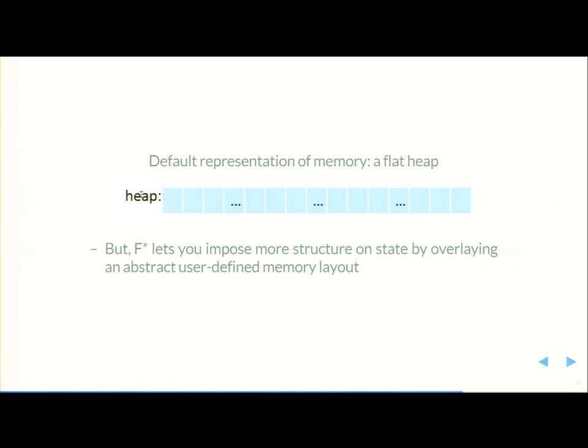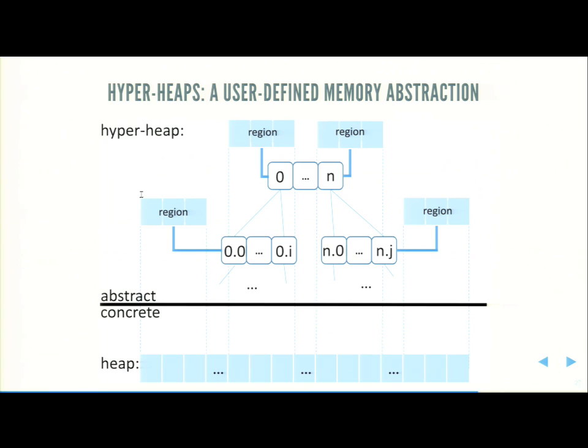One cause of this problem is that we're verifying everything with respect to a flat model of the memory, where you just have a flat heap. But F star lets you impose an abstract user-defined memory model on top of this flat heap model. And one of the ones we've been experimenting with recently is something that we call HYPER-HEAPS, where you have your concrete heap at the bottom, but you overlay on top of it an abstraction where you split the heap into several disjoint regions, and each region has a region identifier, where the region identifiers are organized in a tree-like namespace.